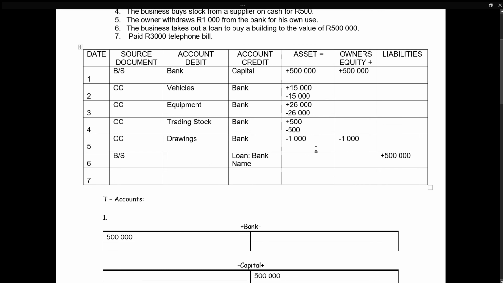Right, land and buildings will be your account being debited. It is an asset account. Your assets will increase with 500,000 Rand. So 500,000 Rand equals 0 plus 500,000 Rand. Therefore, you've done 6 correctly as well.